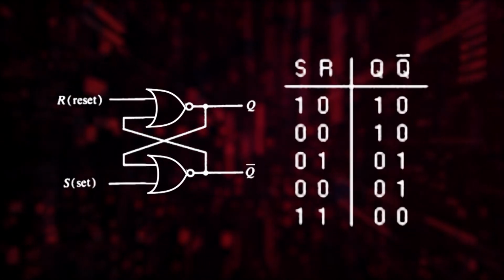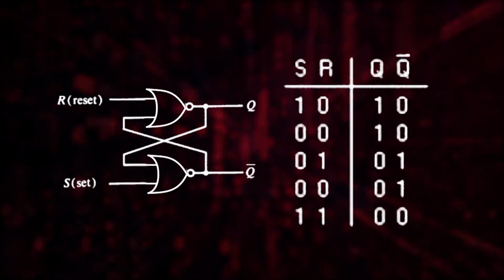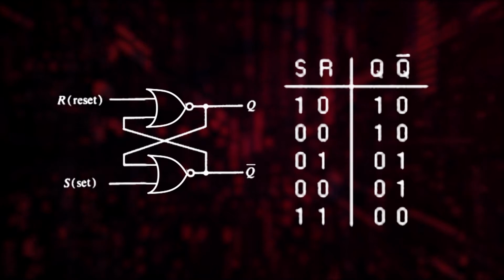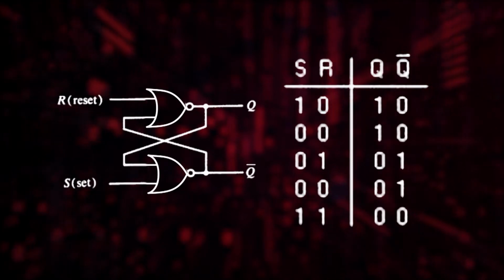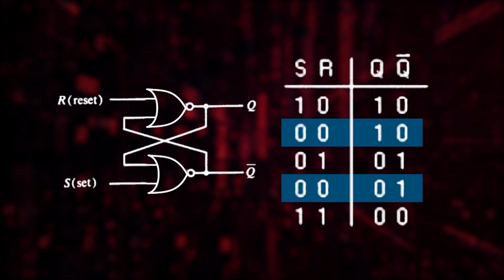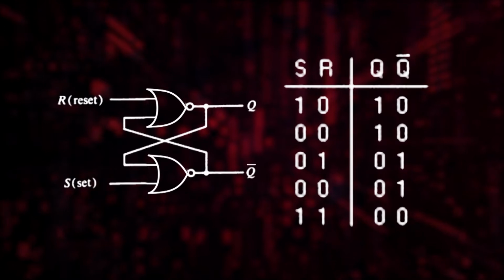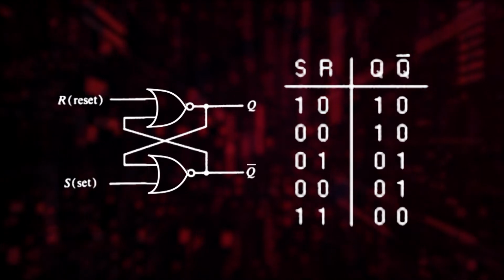Here is the truth table of SR latch using NOR gates. Here also there are 5 inputs in the truth table. One entry is getting repeated, which is when S is equal to 0 and R is equal to 0. In this case, you can have two different states depending on the previous state.